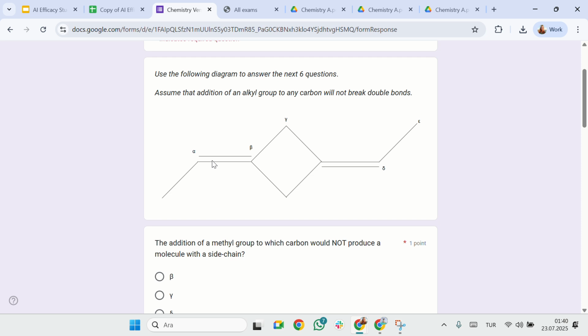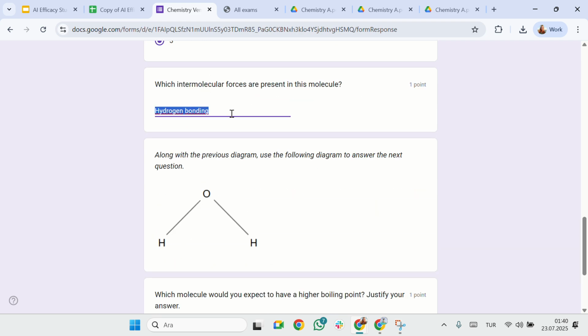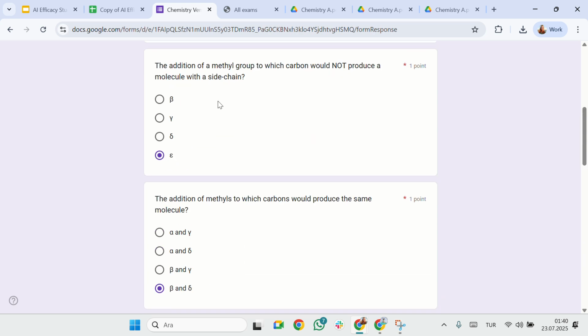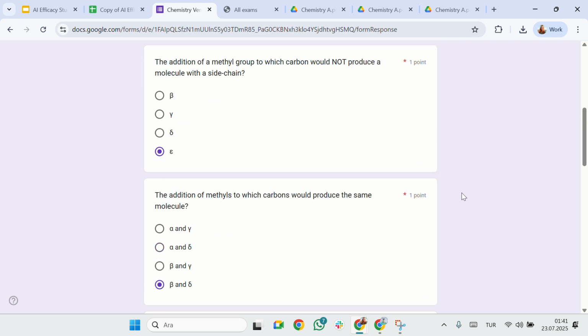Oh, interesting one. There's no oxygen in here. Why did I write hydrogen bonding? London dispersion forces. So 1, 2, 3, 4, 5, 6, 7, 8. 8 carbons are present in here.